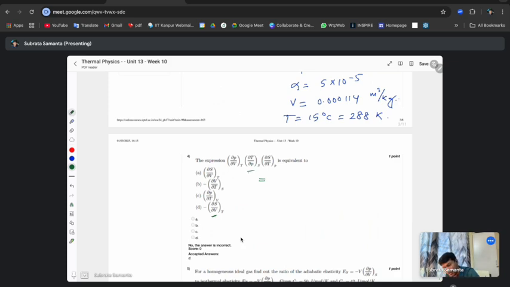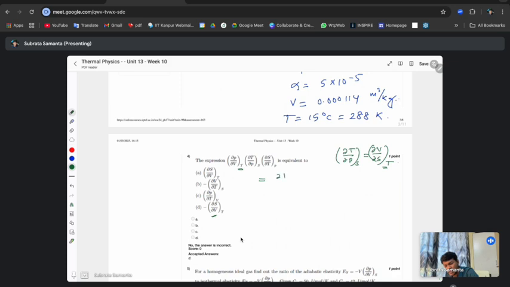You know that del T del P at constant S equals del V del S at constant temperature, right? This is one of the Maxwell equations. So I use this, because this is at constant temperature and the other is also at constant temperature, and this helps a lot.